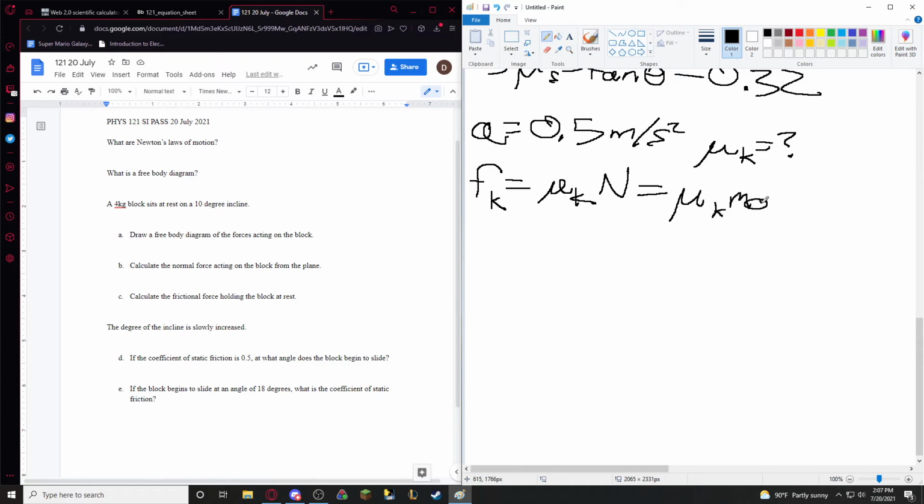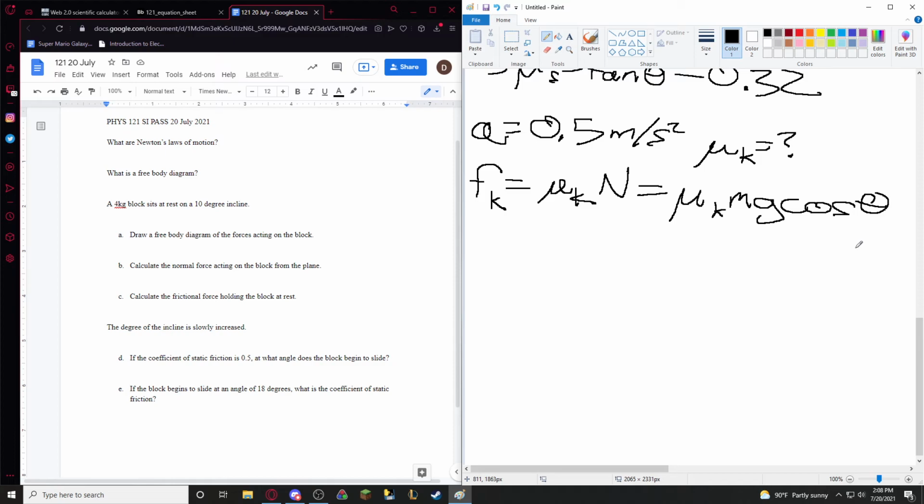And then I wasn't sure about the other part. Since it's sliding down, it wouldn't be the force of gravity, right? It would be the force of acceleration that's tugging it down. What force would it be? It would be the 0.5 meters per second squared. That would be the acceleration. So, how do we go from the acceleration to the force?